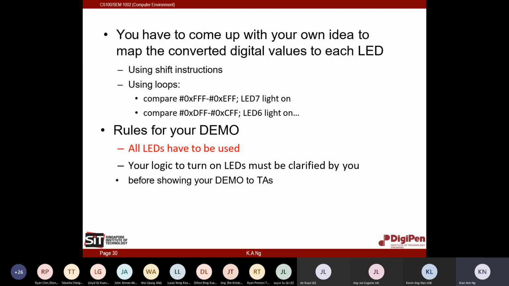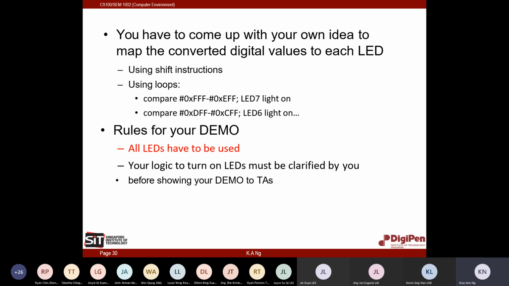That's why I say this lab is the most difficult lab for individual effort. Lab 7 is the most difficult because you have to work out your own logic besides reading in the ADC. For this lab, I want each of you to explain your code to me or the TA.